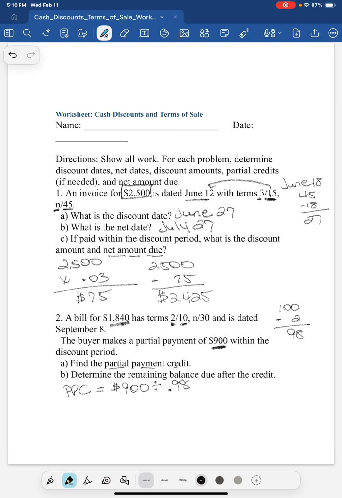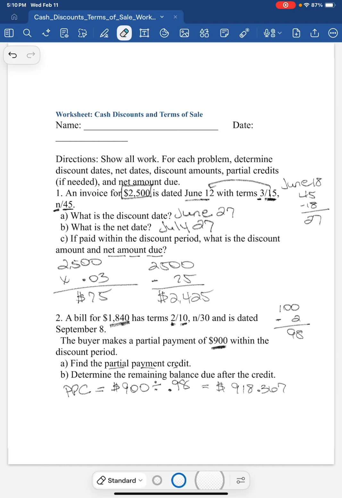So if you divide 900, which is the amount of your payment, by 0.98, which is the complement of your discount rate, you get 918.367, which almost everyone will round up for you. So you're going to have $918.37 is the credit you get towards your bill for paying $900.